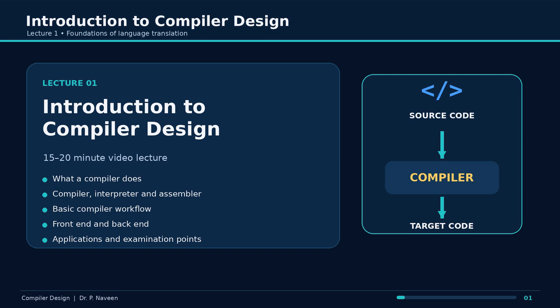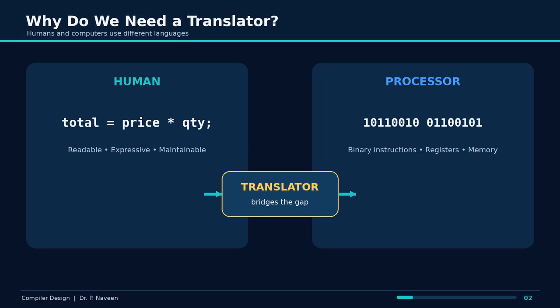Okay, let's start. Next slide, slide number 2. Why do we need a translator? Okay, students, let us begin with a simple question. Why do we need a translator? We write programs using languages such as C, C++, Java, or Python, right? These languages are easy for us to read and write.